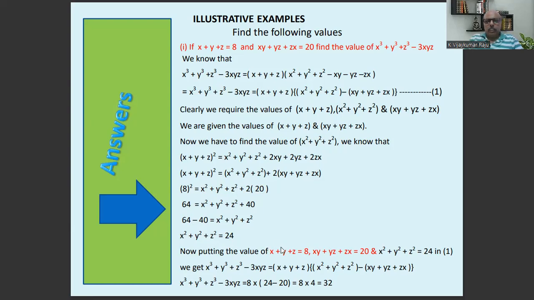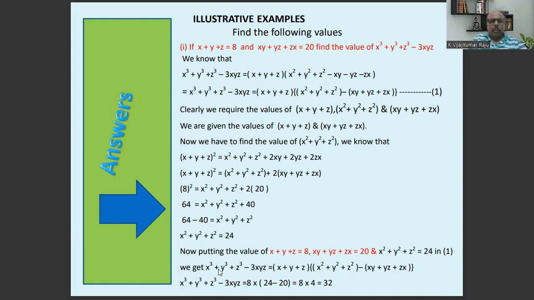Now, putting the value of x + y + z as 8, xy + yz + zx as 20, and x² + y² + z² as 24, which we have just calculated. Let's put all these values in the first equation. So x³ + y³ + z³ − 3xyz = (x + y + z)(x² + y² + z² − (xy + yz + zx)).